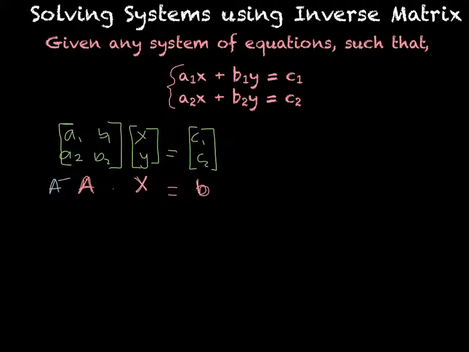That cancels out to the identity, and we'd be left with x equals A inverse times B. So that's our goal: we need to find A inverse and multiply it times our solution matrix.